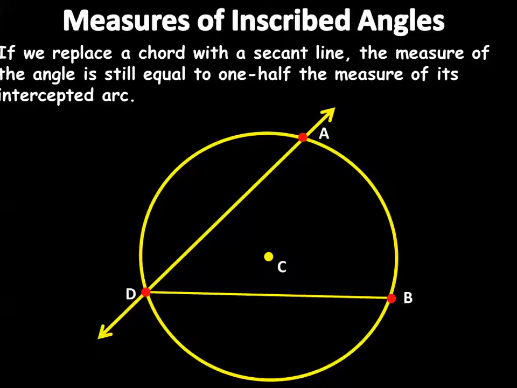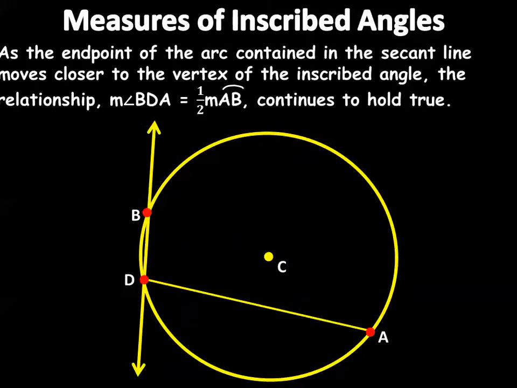That measure is not going to change. As the endpoint of the arc contained in the secant line moves closer to the vertex of the inscribed angle, the relationship that the measure of angle BDA equals 1/2 the measure of arc AB continues to hold true.